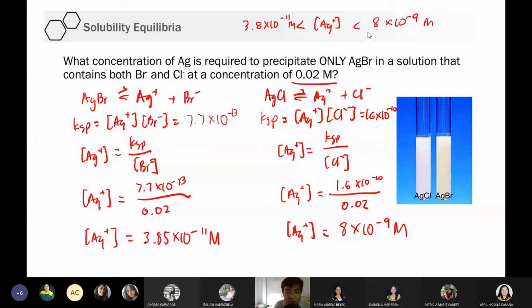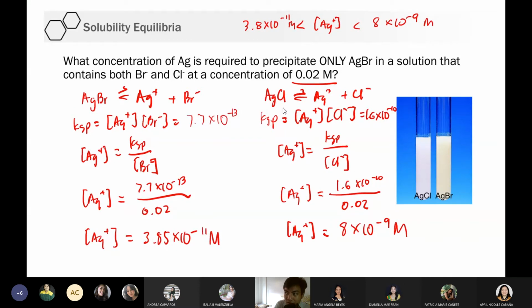Okay? So, kumbaga, to answer problems like this, naglagay ako ng isang ganito sa quiz nyo. Ang gagawin nyo lang is, identify mo ano yung lower limit and ano yung upper limit. Yung lower limit, yun yung concentration ng precipitate na gusto mo kunin. And yung upper limit, yun yung ayaw mo makuha na precipitate.